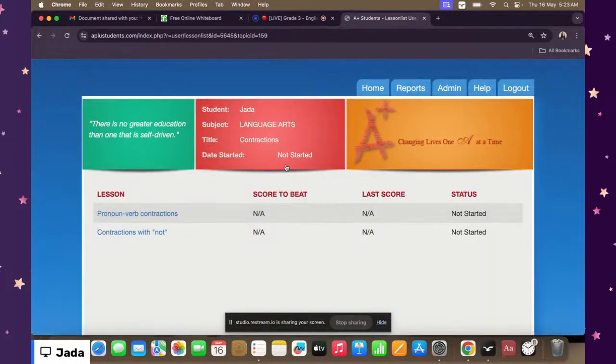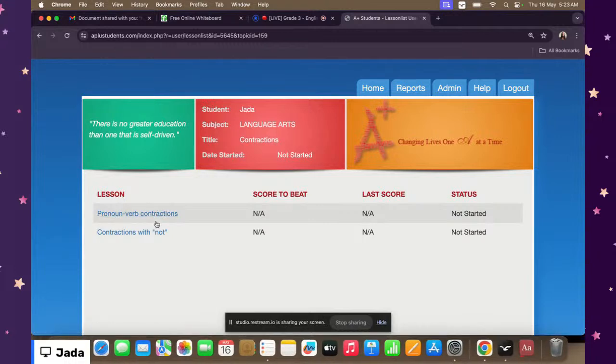Okay, so this is contractions. So the first lesson we'll be having is pronoun verb contractions. We'll start with this one.